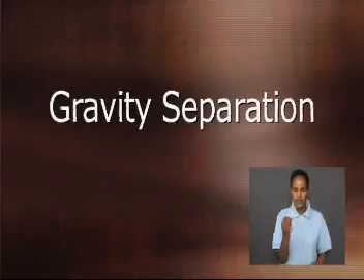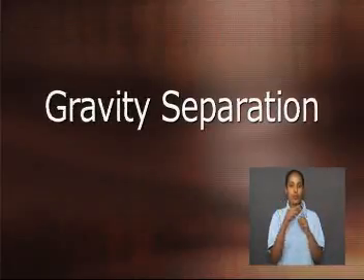Gravity separation can be used to separate GAN from ore. This method depends on the difference in density between the mineral and the GAN. For example, gold can be separated from GAN using gravity separation because gold has a very high density.